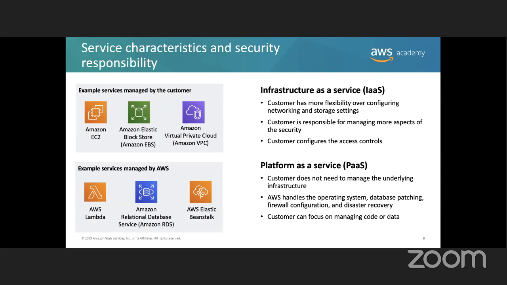AWS handles the operating system, database patching, firewall configuration, and disaster recovery, okay? And the customer can focus on managing code or data. We just code the application, and we upload it. In that case, we have Lambda. When we created Lambda on Monday, did we work with the underlying infrastructure? No, we just created the Lambda function.